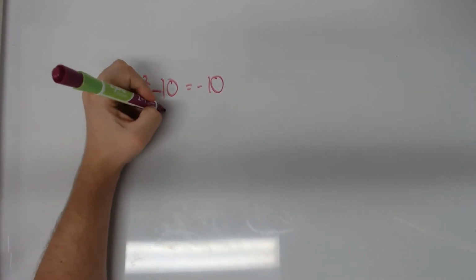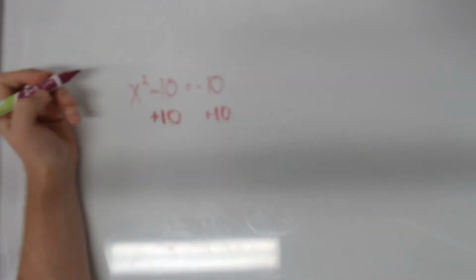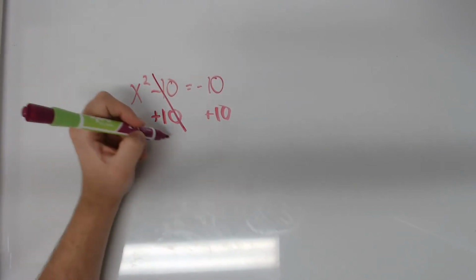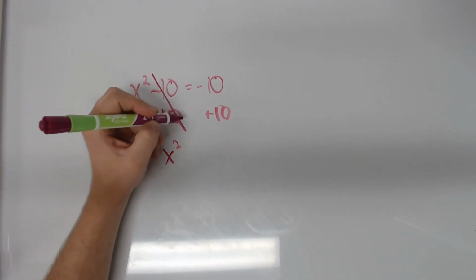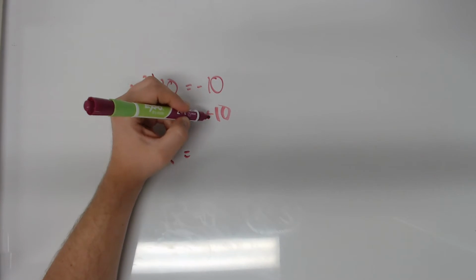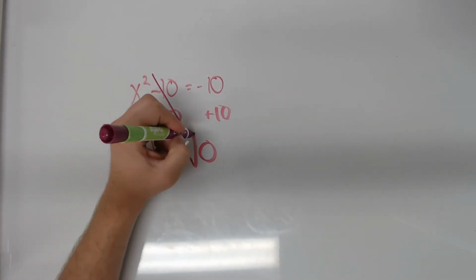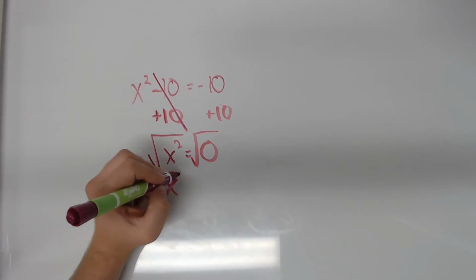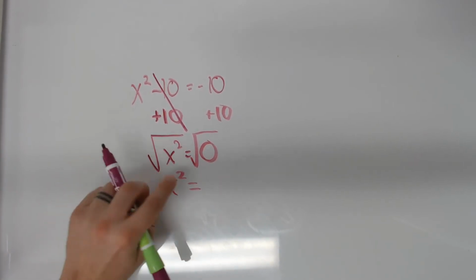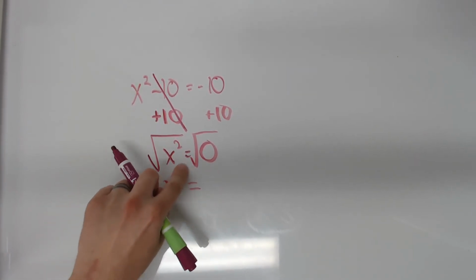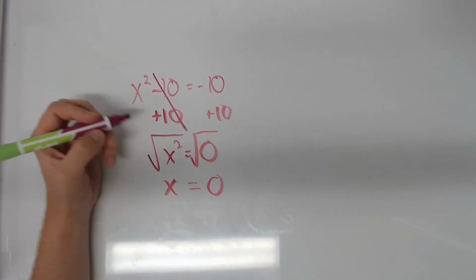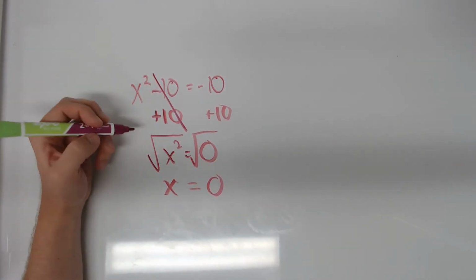Another example. Going to get x squared alone first again. So I got to add 10 over, but now I have -10 plus 10 is 0. Square root to get rid of the exponent. And the square root of 0 is 0. 0 times 0 is 0.